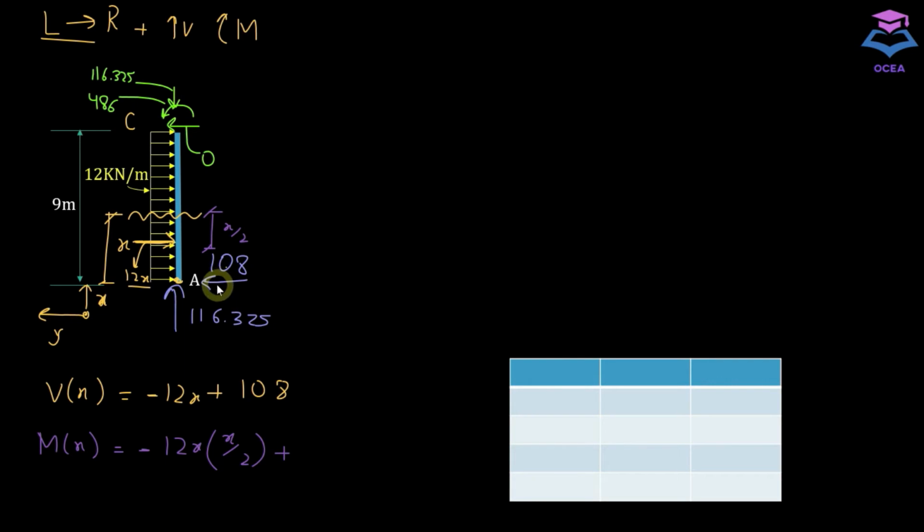Plus this 108 is also creating moment about this section. 108 is creating clockwise moment, hence positive, and it has a moment arm of x. Now if you simplify this, we get minus 6x square plus 108x, and this is our moment equation for this member.